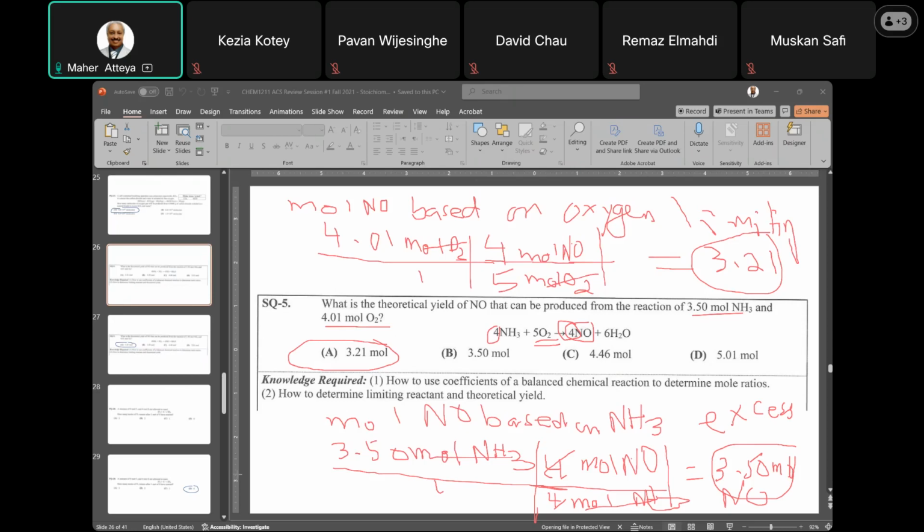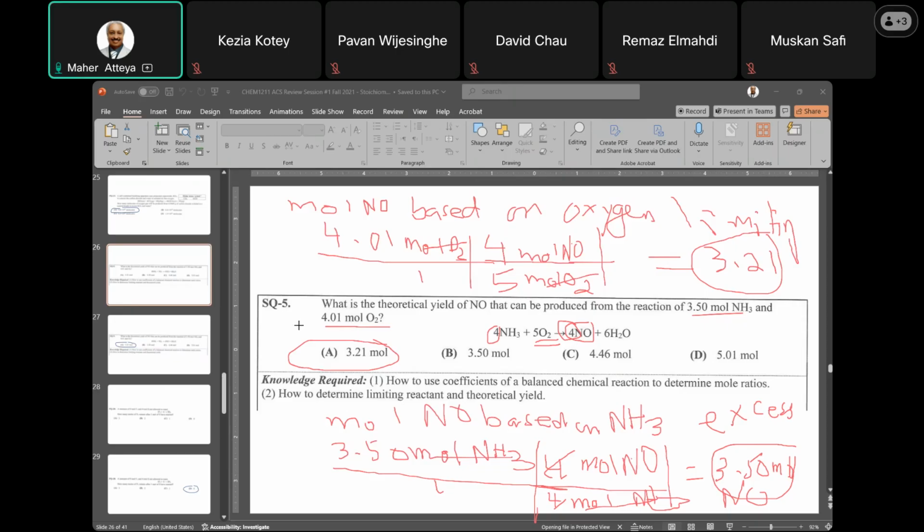So we'll have another half an hour, we'll finish. Any question about this? Any question? We calculate the theoretical based on the limiting reactant. First, you calculate the product based on both reactants and then determine the least number of moles.